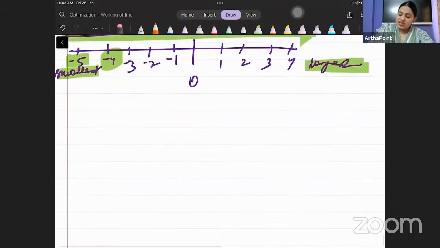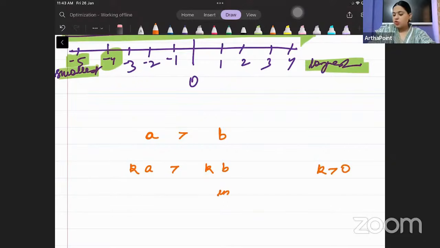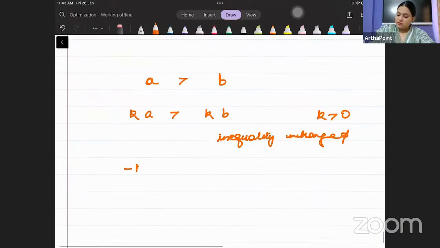So beta, when I say A is greater than B, so if I am multiplying with a positive number, so inequality is unchanged. But if I am multiplying with a negative number, then inequality changed.